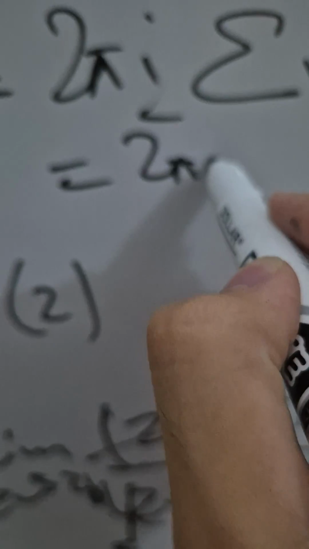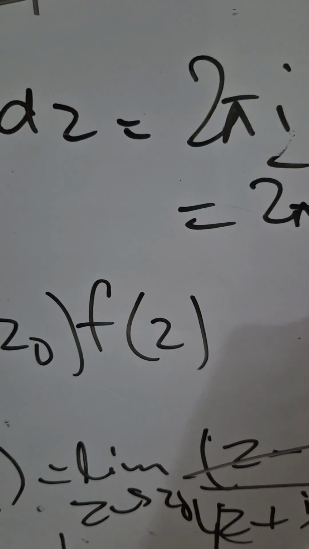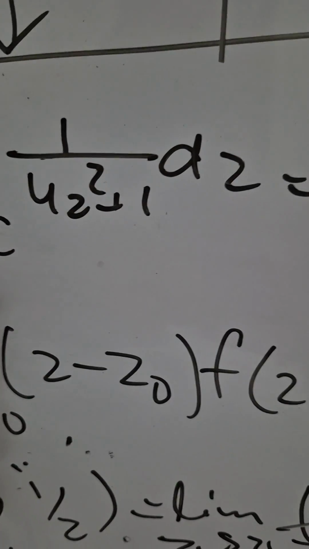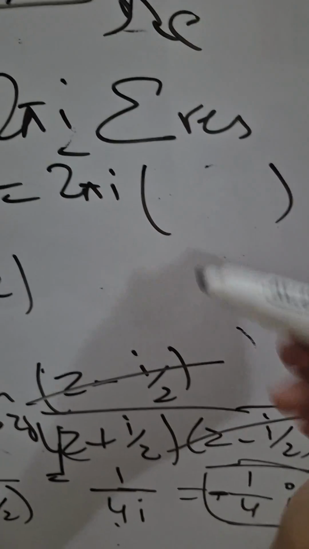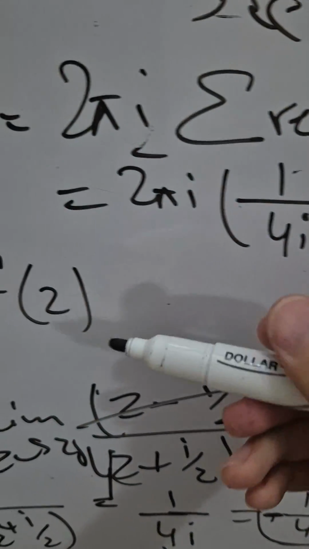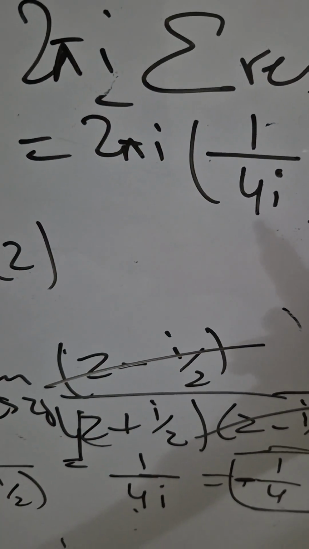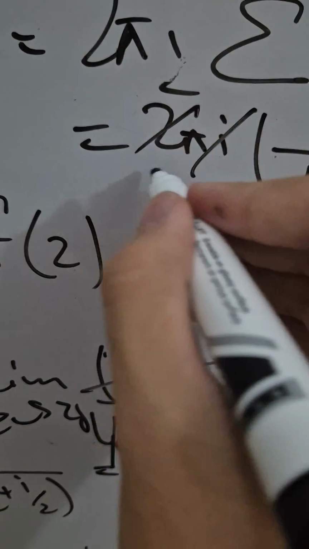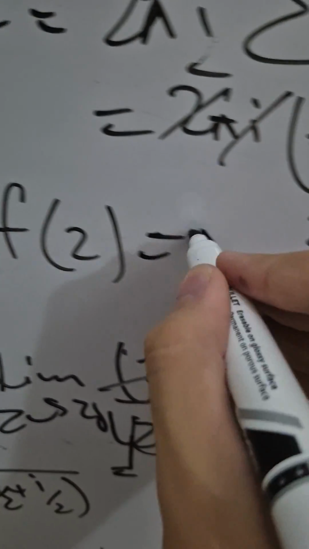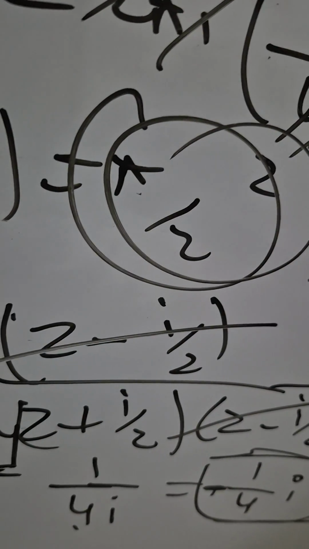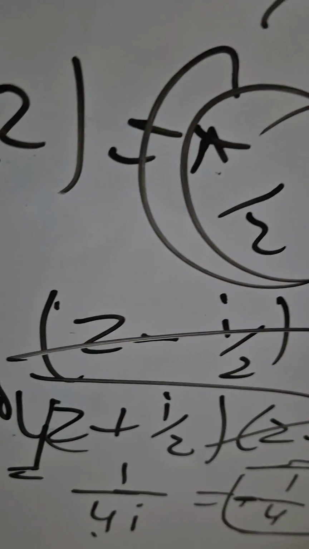So 2 pi i times minus i by 4. We can just cancel the i's here, and that makes it 2 pi by 4, a real positive answer in terms of pi. So that's beautiful, I guess.